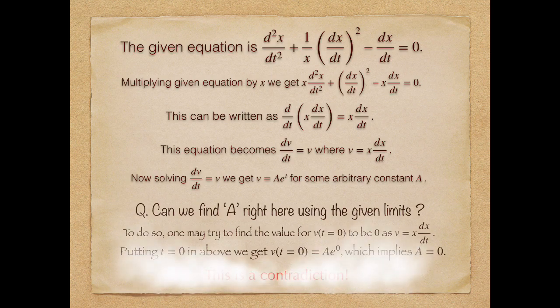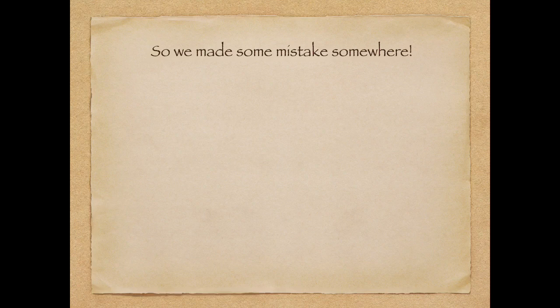So now this is actually a contradiction, as we are getting two different values for a by two different methods. So we made some mistake somewhere. And can you find where exactly we made this mistake?